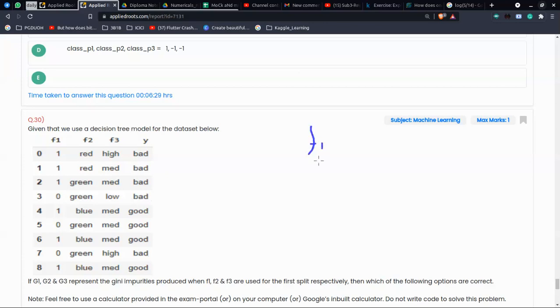So if I use F1, there are two nodes only, for 0 and for 1. At 0, how many bad do I have? 2. And how many good? 1. So Gini impurity would be nothing but 1 minus probability of bad, (2/3) squared, minus probability of good squared, (1/3) squared. Whatever Gini impurity I get, let's call it x0. And here I get some Gini impurity x1. Then I need to take the weighted average, because we have different nodes.